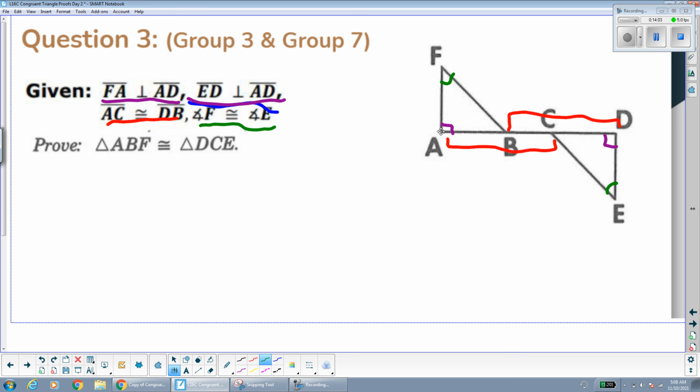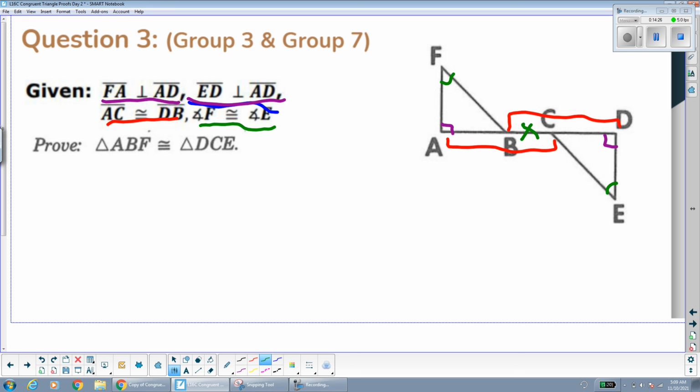From AC, we're going to need to get rid of BC, and that will leave us with AB, which is the side of the triangle that we need. From DB, we're also going to have to get rid of CB, and that will leave us with DC, which is the side of the triangle that we need.